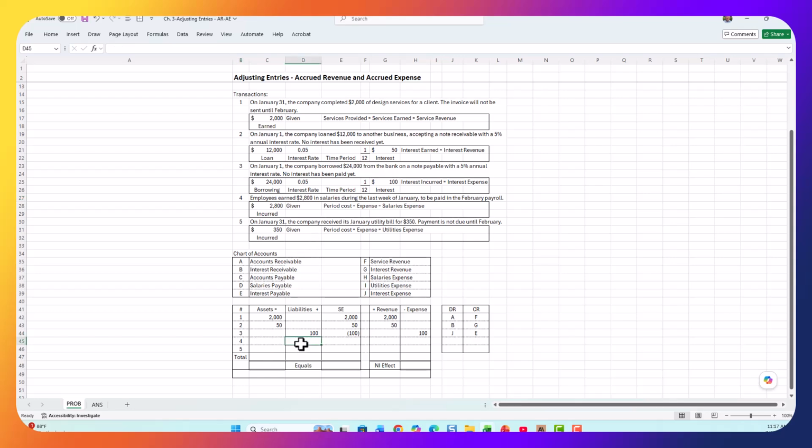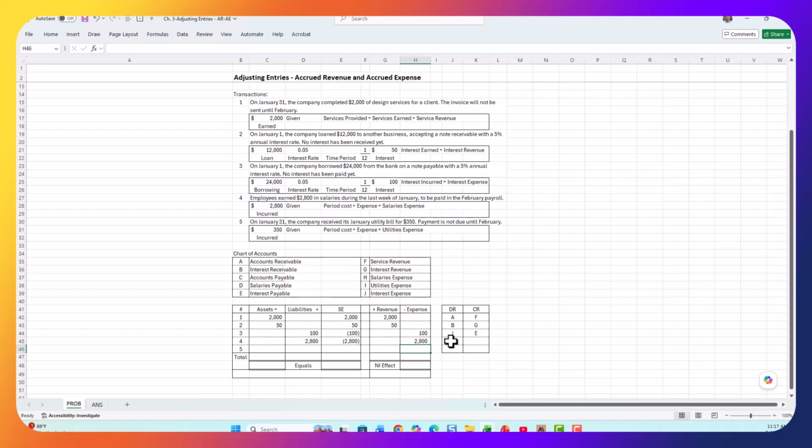So what we have to do here, again, is increase our liabilities for salaries payable by the $2,800, and decrease stockholders' equity for the salary expense amount of $2,800.